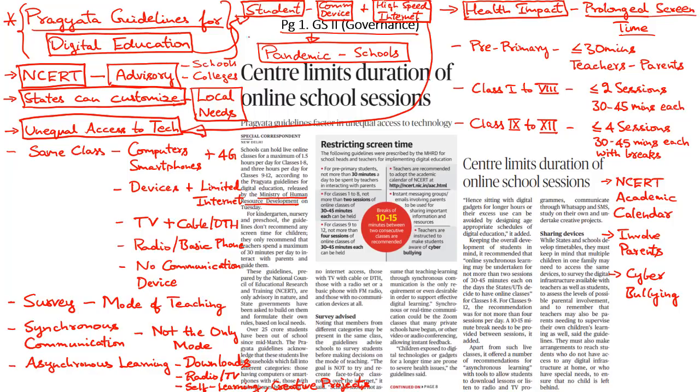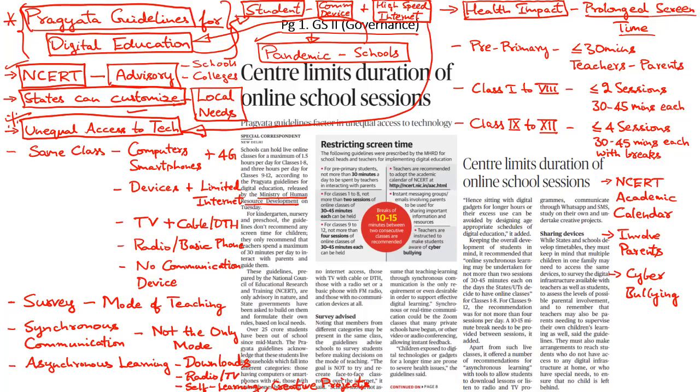Ever since the pandemic broke out, and ever since schools shifted to the online domain, experts have pointed out that unequal access to technology among students will promote inequality in education. This major concern has been taken into account by the NCERT and the MHRD, and the issue of unequal access to technology has been factored into the Pragyata Guidelines.